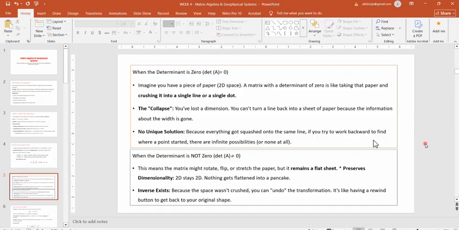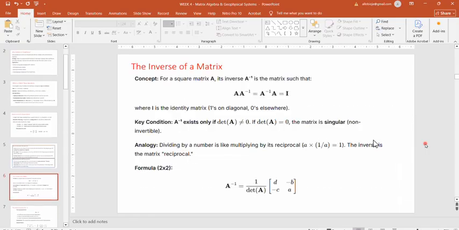I just thought, let me do that analogy for clarification. Then how do you express the inverse matrix? How do we evaluate the inverse matrix?